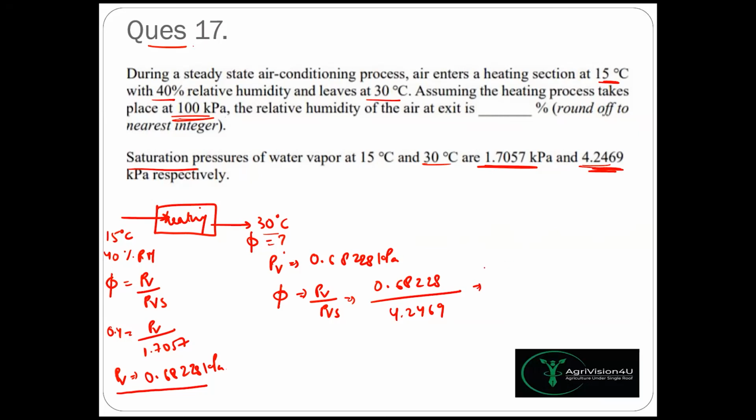So we divide these two terms, and it will be 0.1606. If we talk about it as a percentage, that will be 16.06%. That means the relative humidity of the air coming out from the heating section is approximately 16%. So this would be the answer for this question.